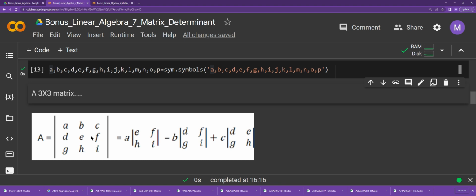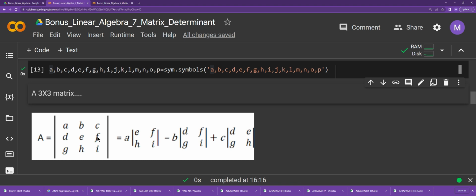So technically speaking, you are multiplying A by the determinant of this section of the matrix, and you're subtracting from it B multiplied by, let's look at that, D G F I. Do you see the pattern?